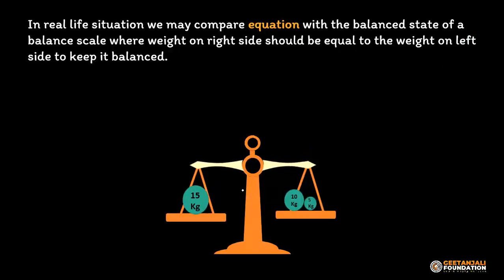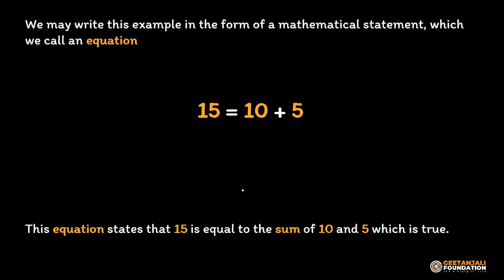You can see that same thing happens with the equation. In the equation also, left side of equal sign should be equal to the right side of the equal sign to keep it a true statement. I can express the same example with the help of equations also.